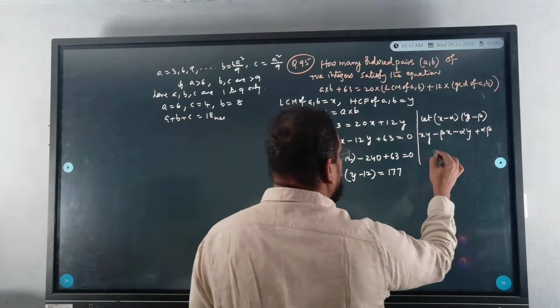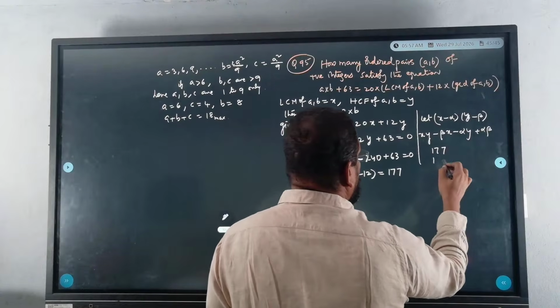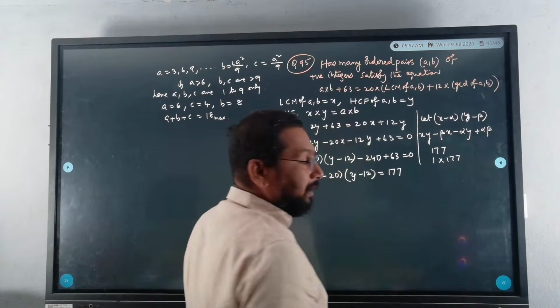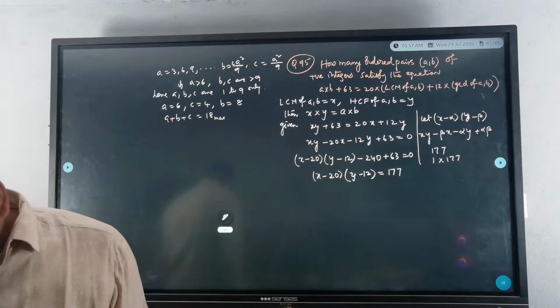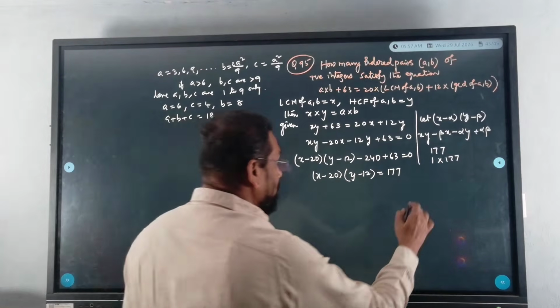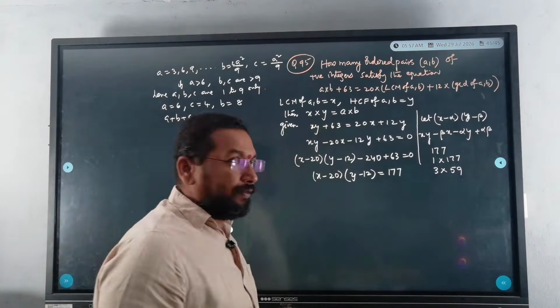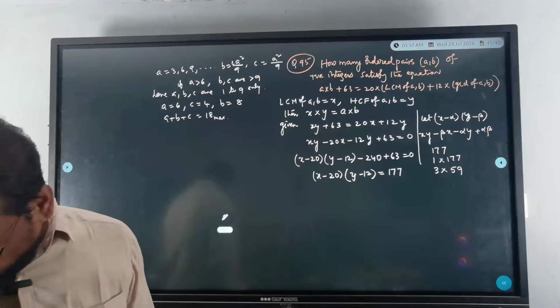So now 177 can be written as a product of two positives, that is 1 into 177. It is not divisible by 2, it is divisible by 3, I think. 3 into 59, and 59 is prime, so no more options.